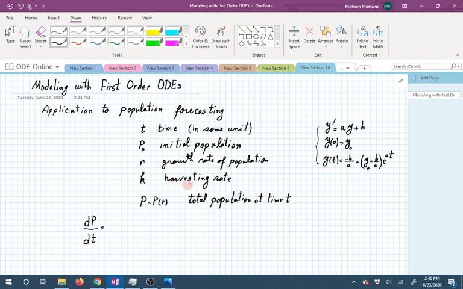So we are going to have a harvesting rate shown by something like K.